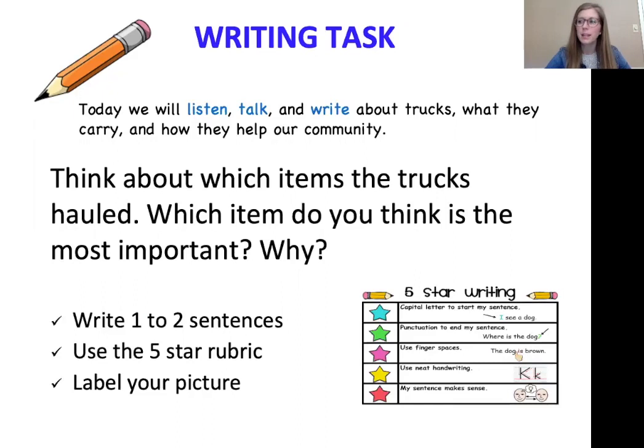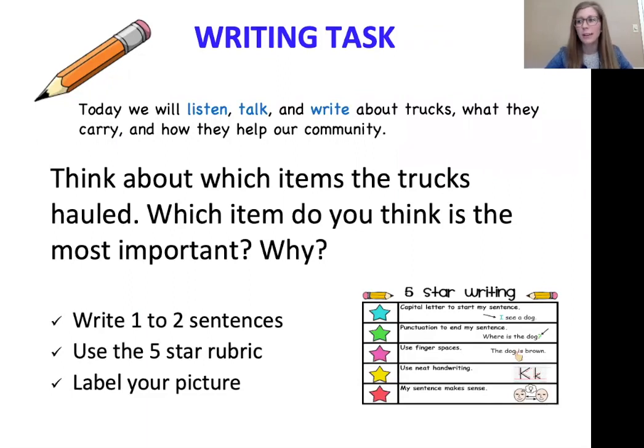Remember, an opinion is what you think or how you feel about something. When you state your opinion, you might start your sentence with, "My opinion is," or "I think." Today, for your task, I want you to choose an item that you think is the most important item that trucks haul from our text. Then, tell why you think it's the most important item.